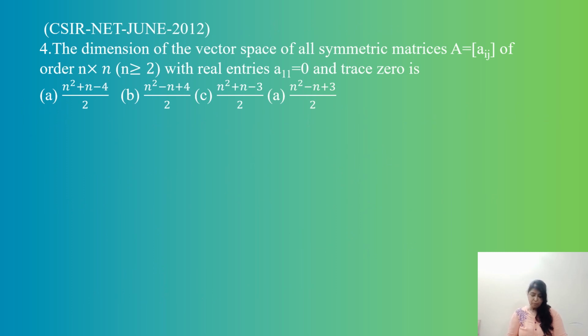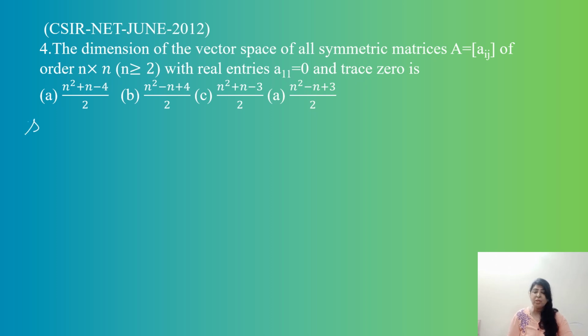Next you have the dimension of the vector space of all symmetric matrices A, which is equal to Aij, of order n by n with n greater than or equal to 2 with real entries, A11 is equal to 0 and trace 0. So you have to tell the dimension of the vector space of all symmetric matrices. So what will we do?